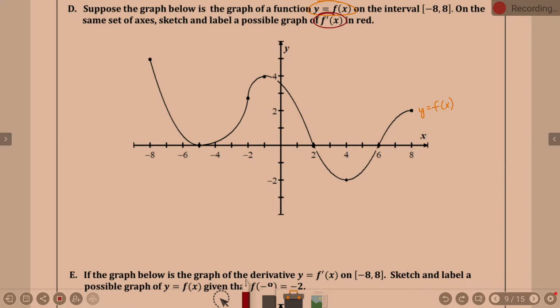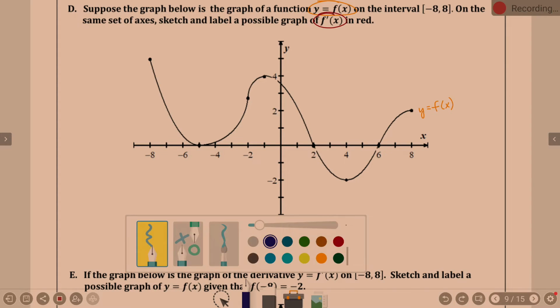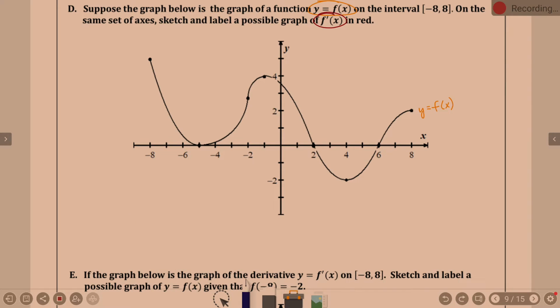I believe what I did is I set up a number line down here, so we can do a sign chart and talk about what's happening.